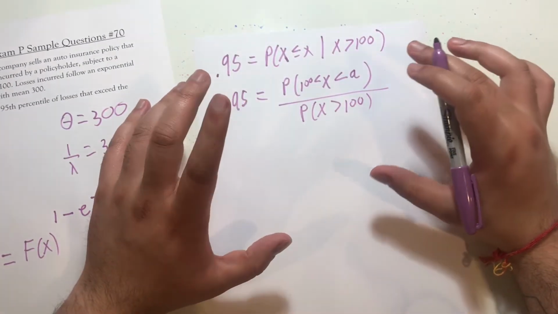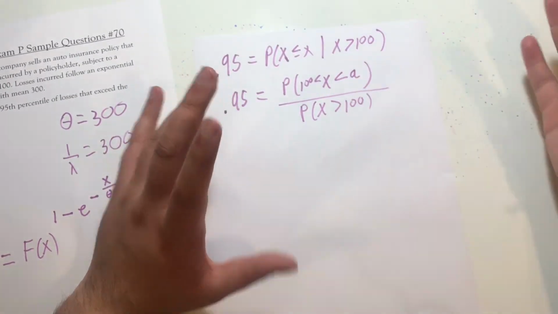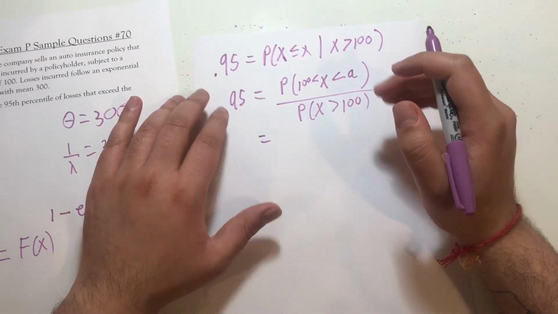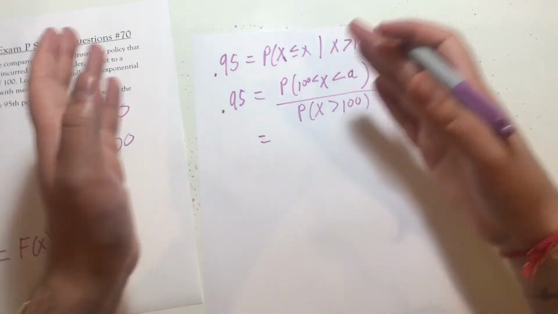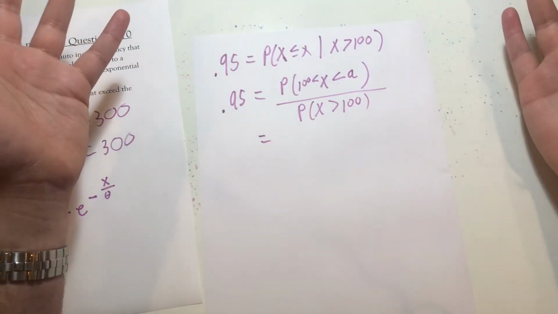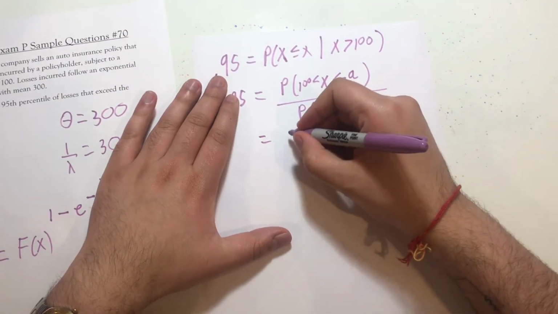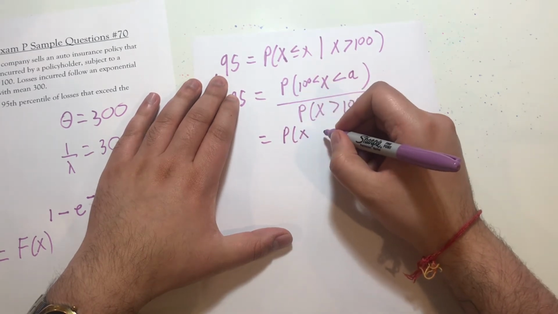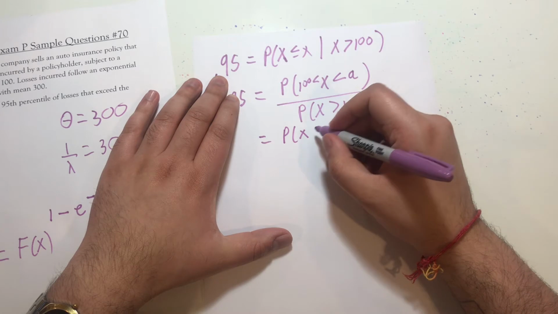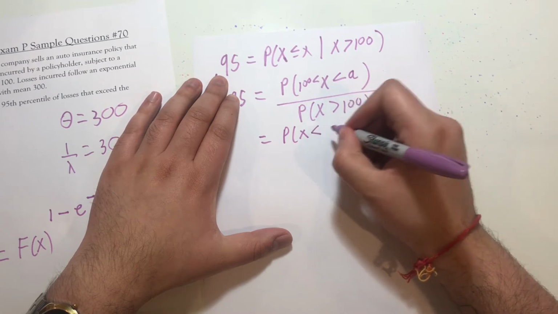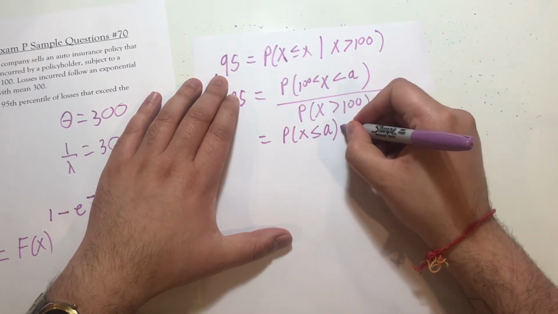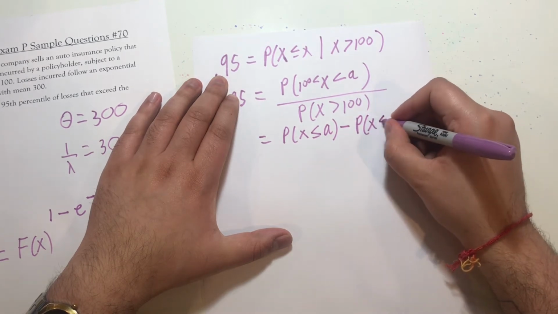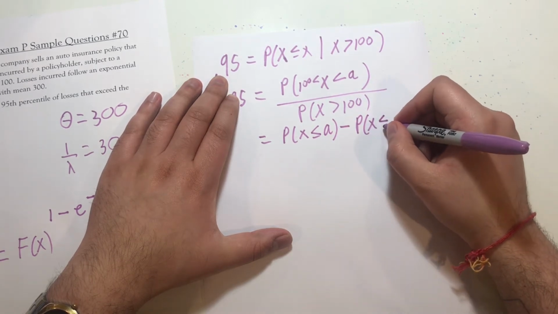All right, so we want x less than or equal to some value. So the probability of being in between 100 all the way up to some point a should be simply the probability of x being less than or equal to whatever a is, minus the probability of x being less than or equal to 100.